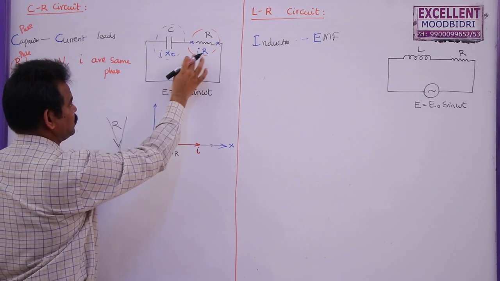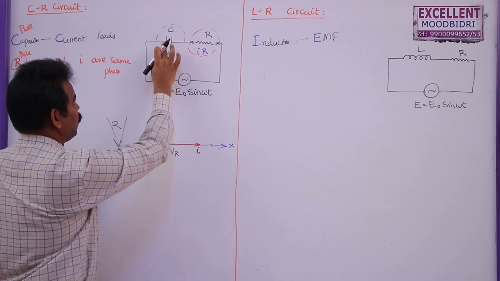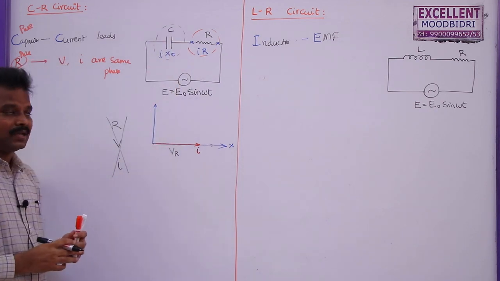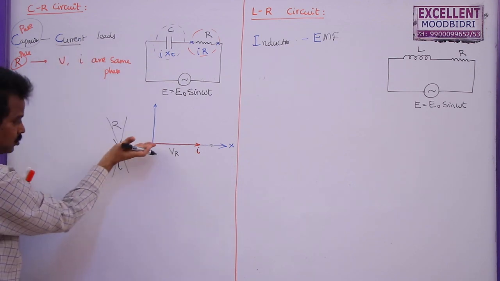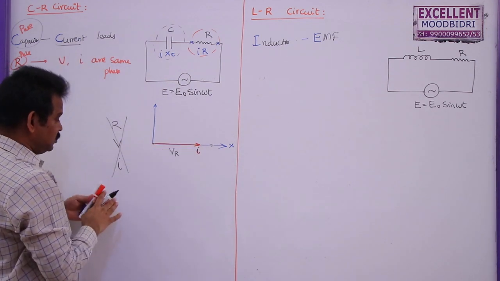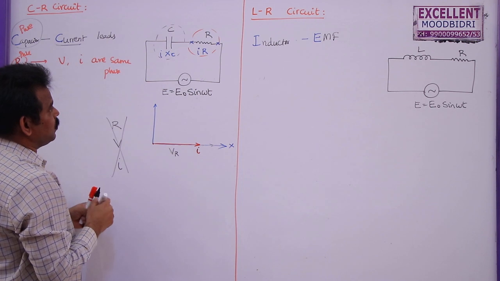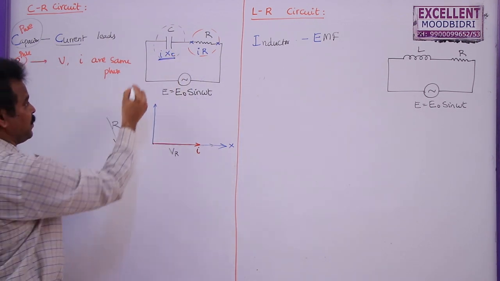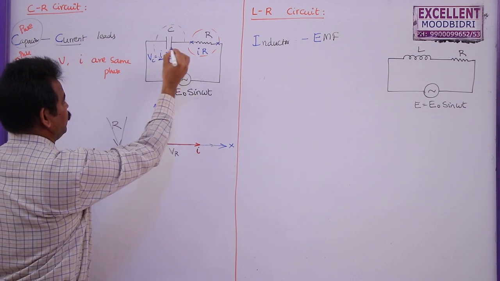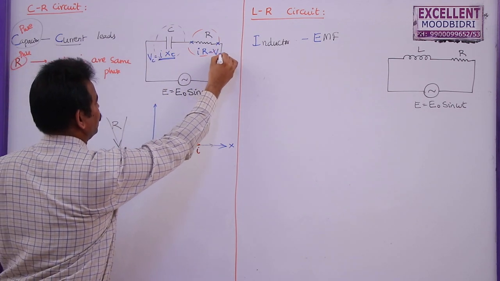The current is the same in these two. What about the voltage across the capacitor? We know that in a pure capacitor, current leads. So this is the current. So what is the vector direction for the voltage across the capacitor? That is I XC, the voltage across the capacitor, which we call VC, and we represent this as VR.